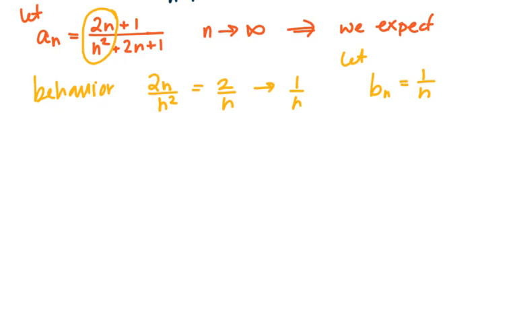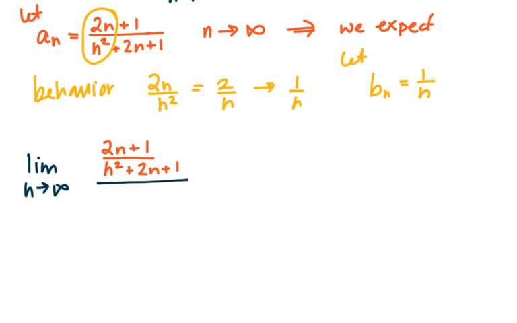And the limit comparison test says we're going to do the limit as n goes to infinity of my nth term for a, and a was 2n plus 1 over n squared plus 2n plus 1, divided by my nth term for b. Okay?